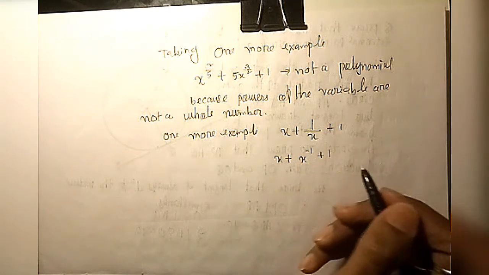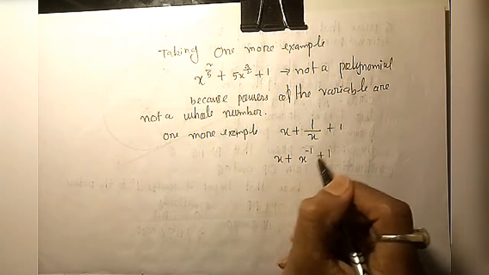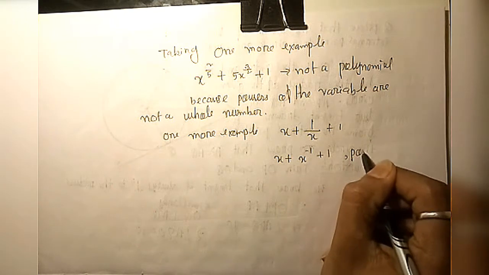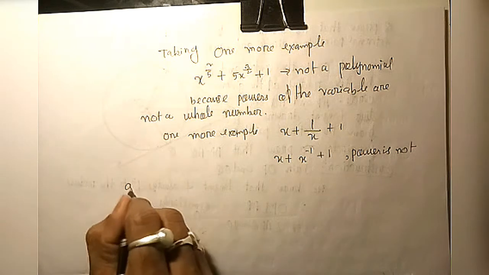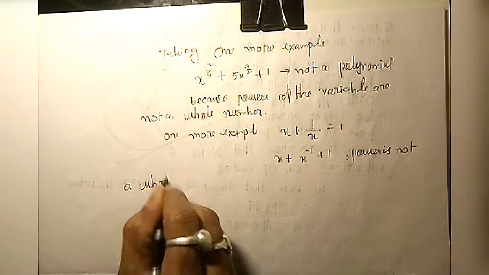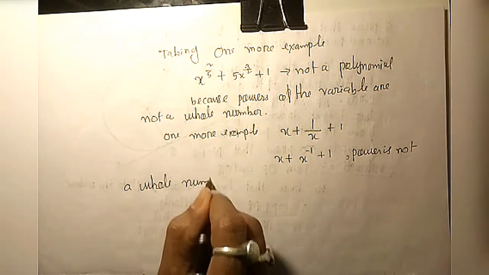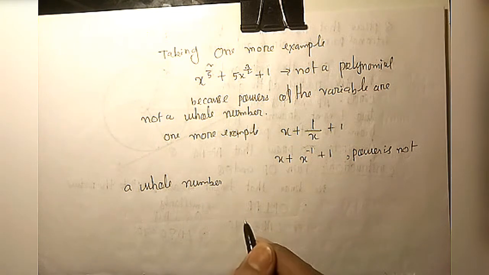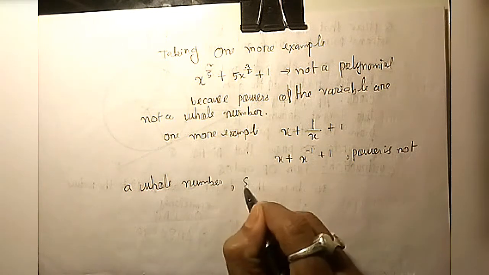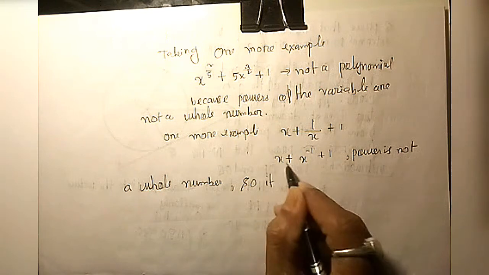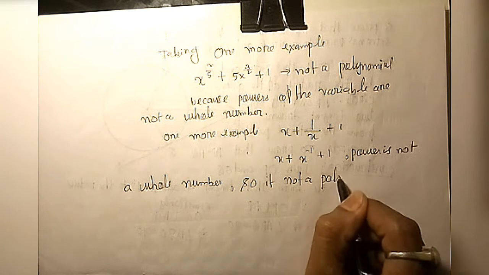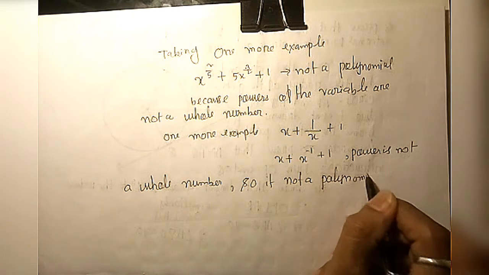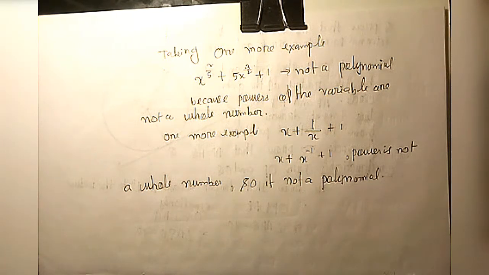Minus 1 is not a whole number, so the power is not a whole number. It means it does not represent a polynomial. So it is not a polynomial.